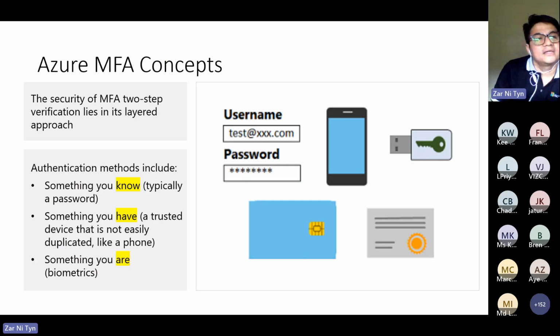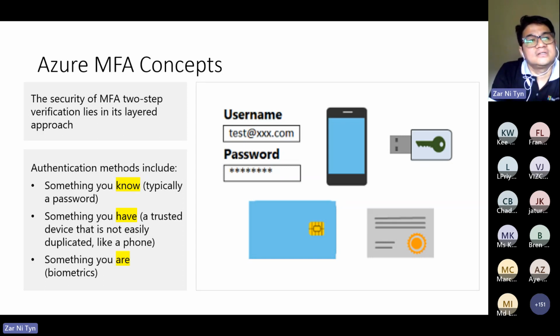This slide is about Microsoft MFA. MFA has three points of view. I would like to share this highlight: something you know, something you have, and something you are. Something you know is your password. It may come from social media, or be your friend's name or your pet's name, which is easy for a hacker to guess. Something you have is your phone, as a double check.